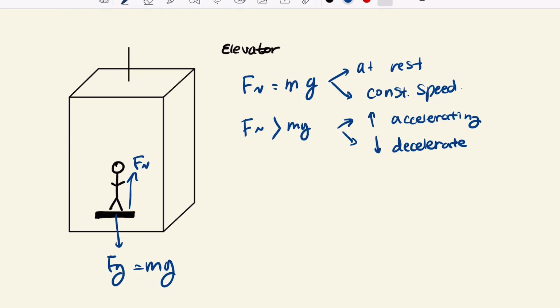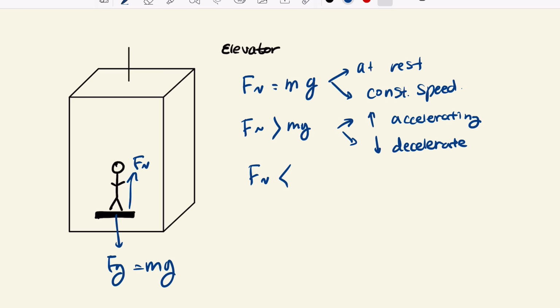What it means by decelerating down is basically slowing down, but it's still going down. But how is that equal to accelerating up? Because slowing down towards the downward means that it's accelerating upward. They both apply to when Fnet is larger than mg.